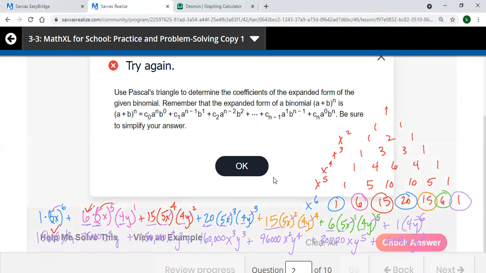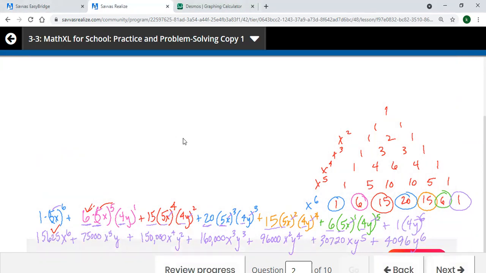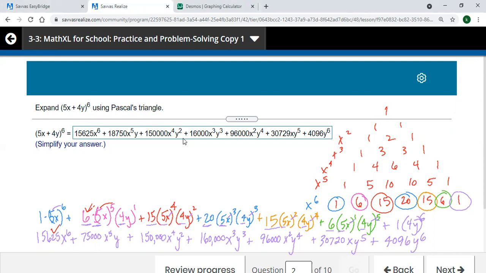All right, so more mistakes to find. All right, I checked. 15 times 5 to the 4th times 4 to the 2nd and got 150,000. Let's try 20 times 5 to the 3rd times 4 to the 3rd. 160,000.